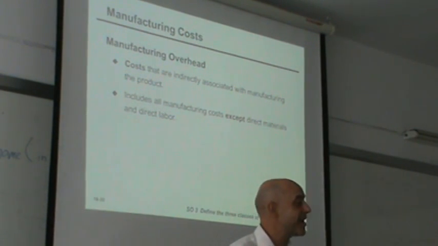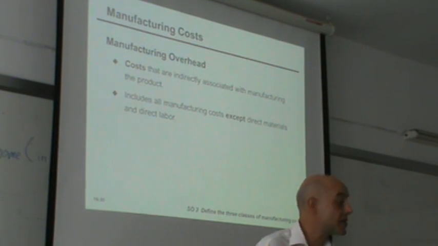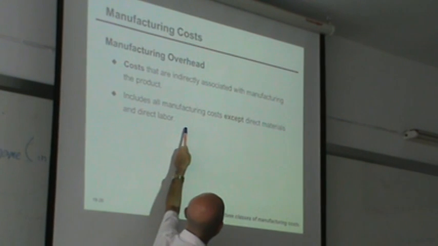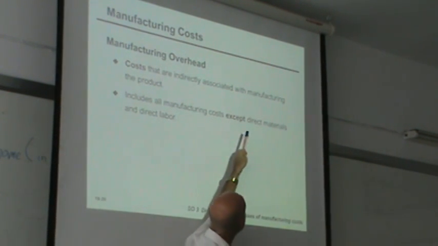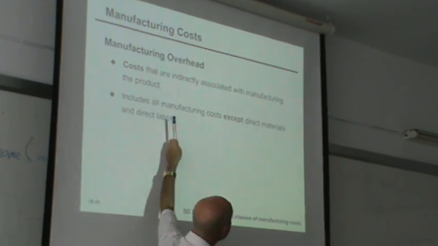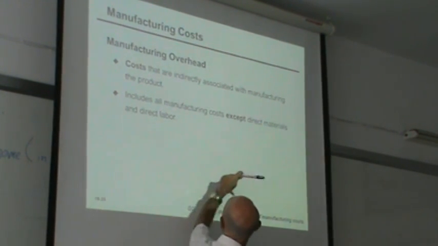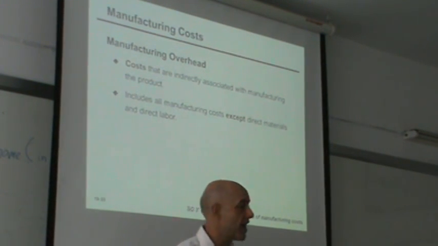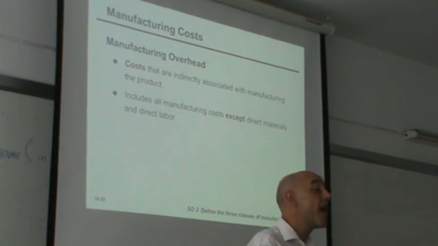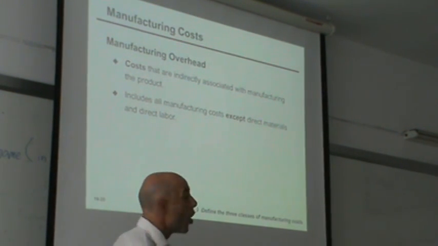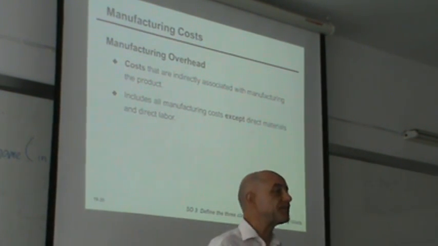And when you say miscellaneous, it means the following. It means all manufacturing costs except for the direct. So miscellaneous means everything which is not direct material or not direct labor. Pretty much everything else. Okay? That's overhead. Okay?